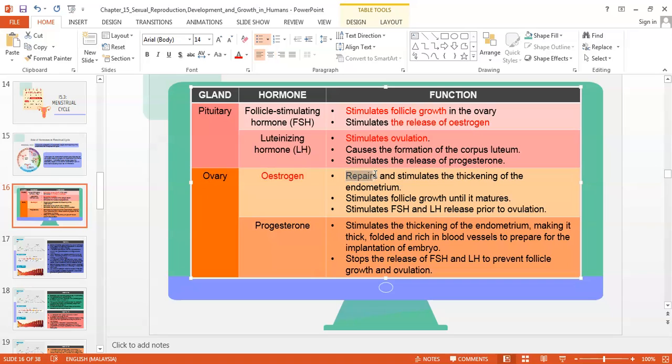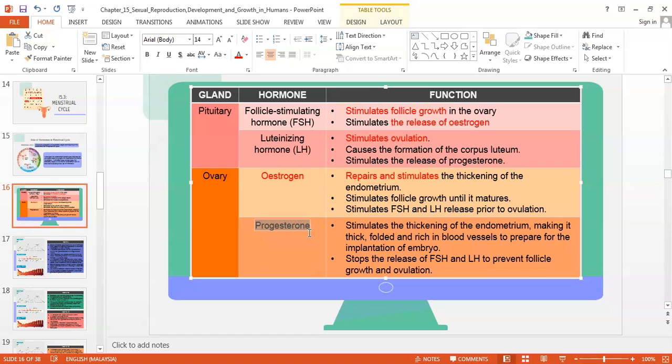Dia mesti ada perkataan repairs and stimulate. And stimulate follicle growth until it matures. And also stimulate FSH and LH release period. Period tu sebelum, before to ovulation.